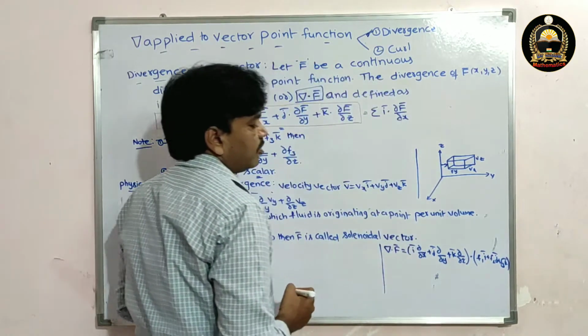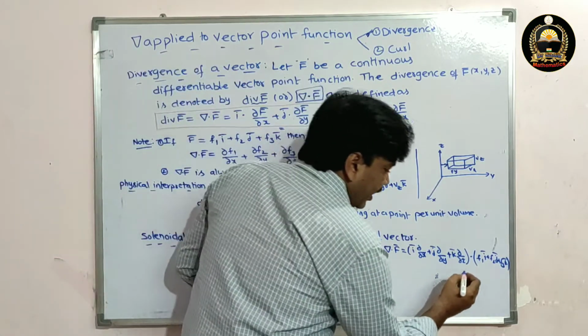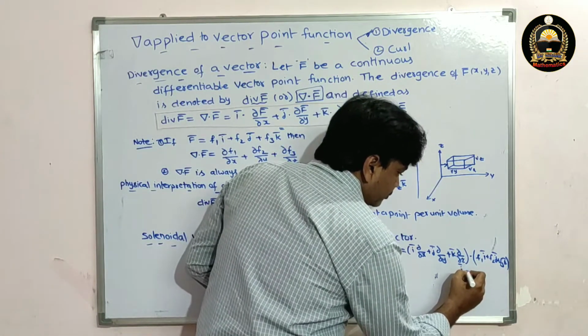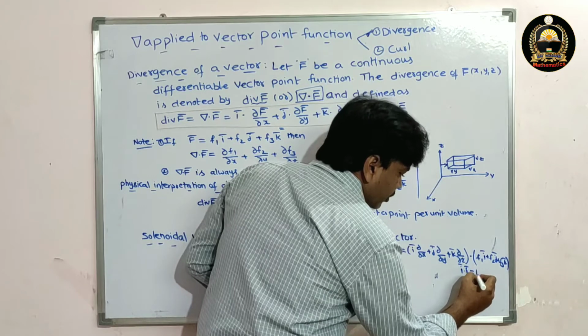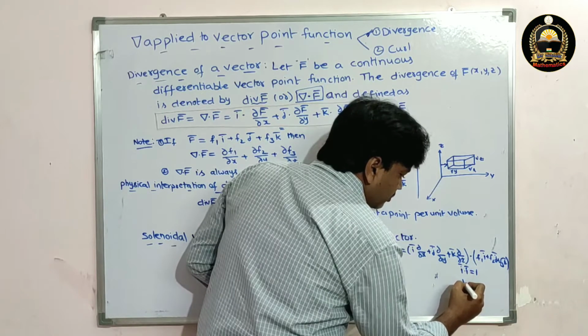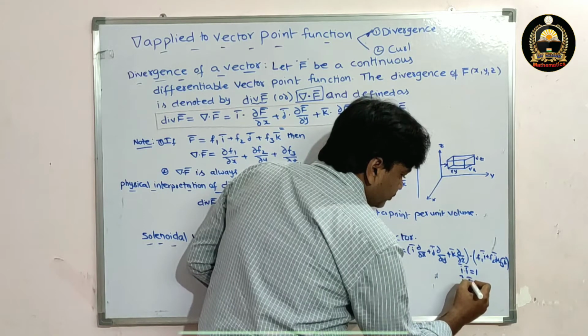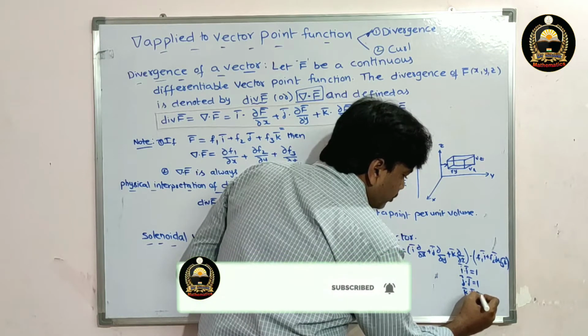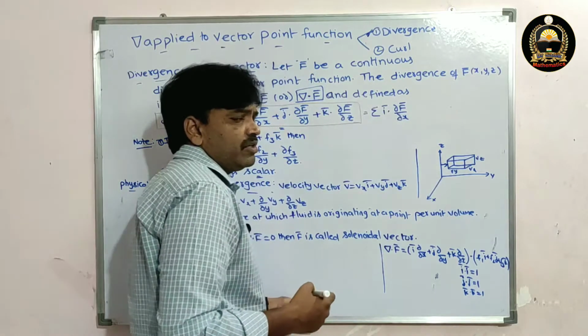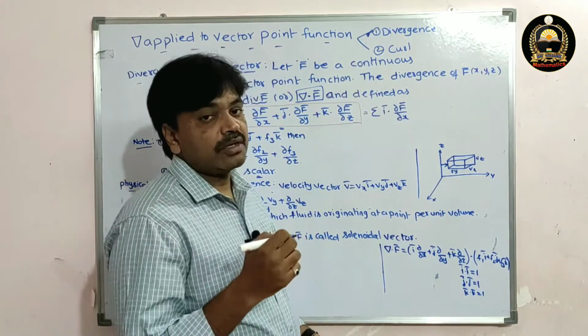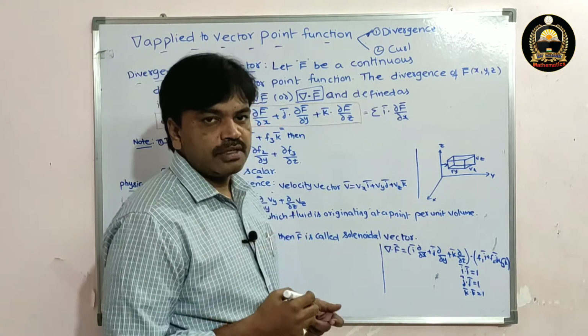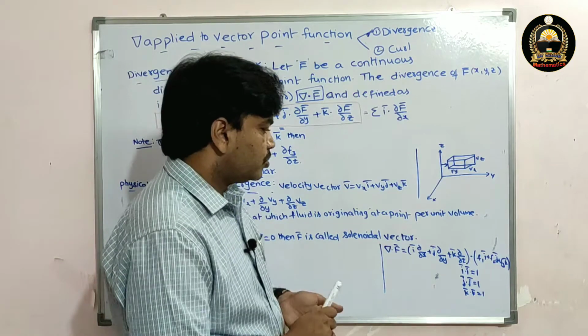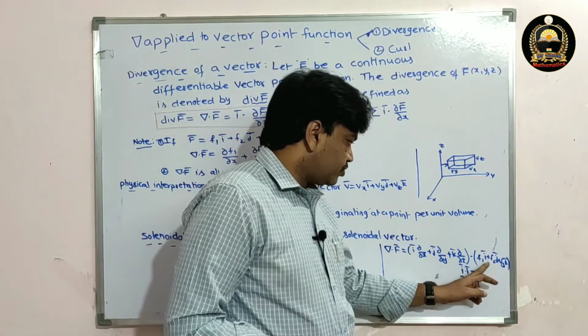Now we know i bar dot i bar is 1, j bar dot j bar is also 1, k bar dot k bar is 1. The rest of the values, like i bar dot j bar, i bar dot k bar, are all 0. So i bar dot i bar we get 1.